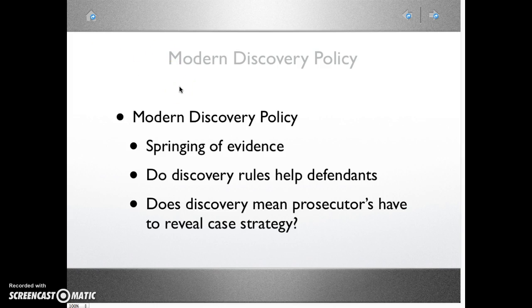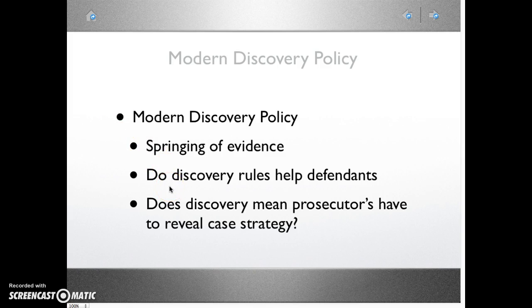So the modern discovery policy is that pretrial disclosure of information can foster settlement and enhance the fairness of trial. Obviously, discovery allows the other side to determine the strength of the evidence, the type of evidence, and so forth. And so in some respects, it may bring about a quick resolution to a case, maybe a plea bargain or something to that effect.